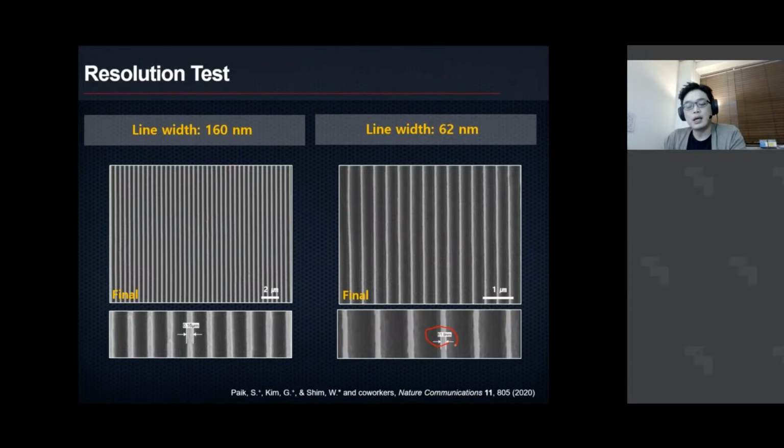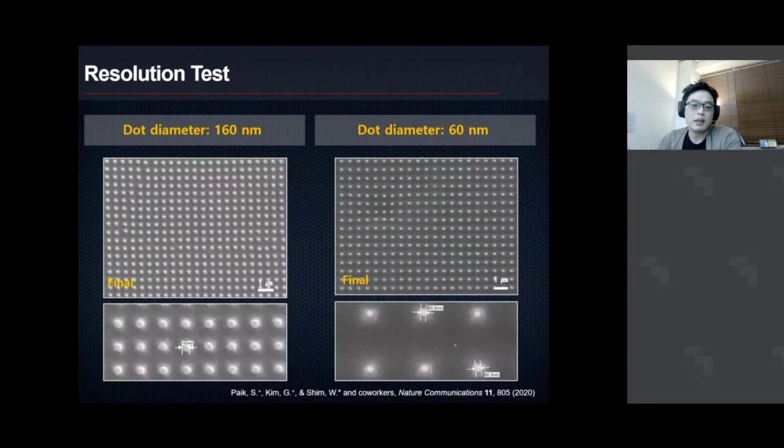The important thing I forgot to mention is that all experiments in this slide are done with 400 nanometer UV wavelength. So 60 nanometer is about 1/7 of the diffraction limit. You can make dots of 60 nanometers.